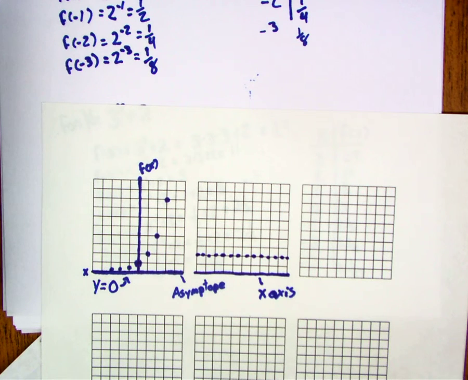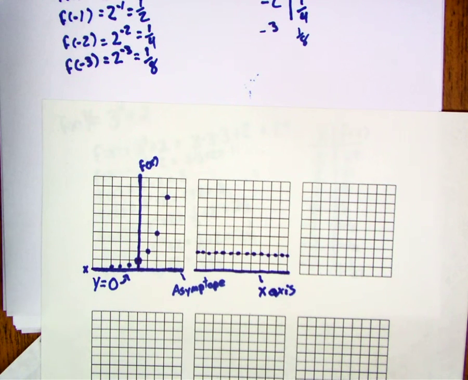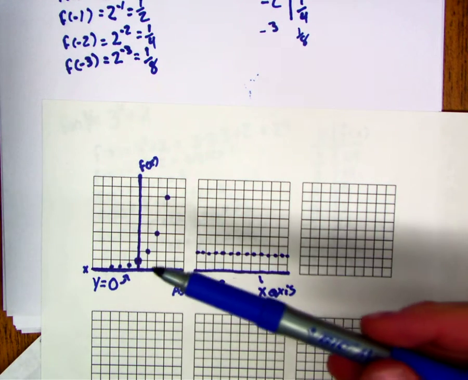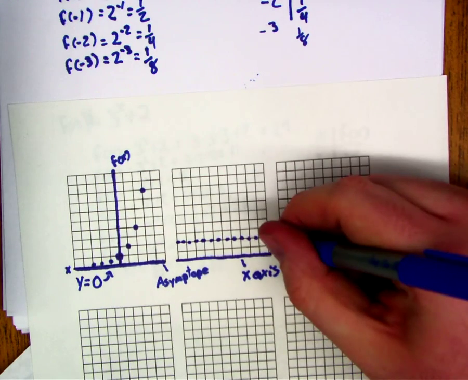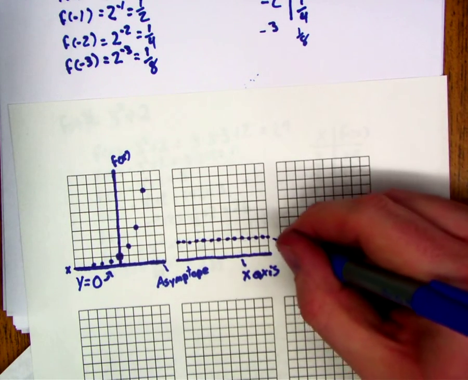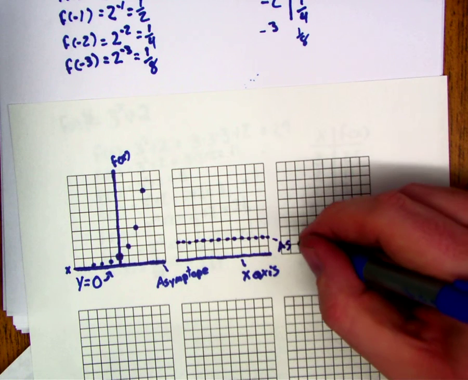Alright, so when you graph your asymptote, generally you want to make it dotted, and you want to make it visible. So, in this case, I have my handy-dandy marker that makes the points a little thick. Okay, so here we have our new asymptote.